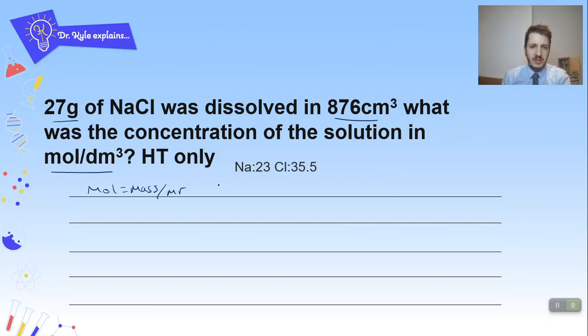So I'm going to do 27 divided by 58.5, because when you do 23 plus 35.5, that's going to come out at 58.5. So 27 divided by 58.5 comes out as 0.461538, with the digits recurring, and that's moles.